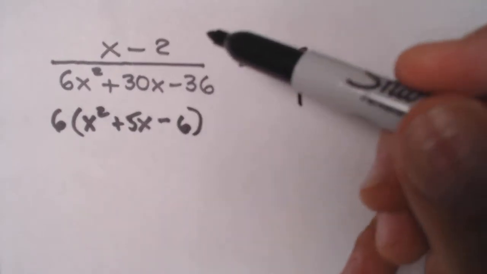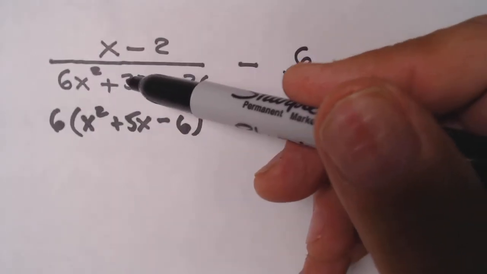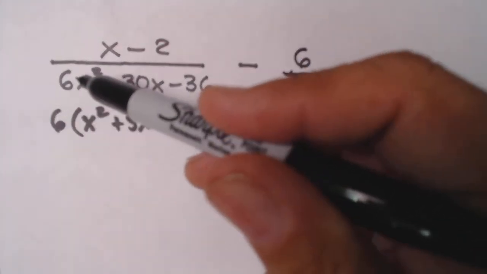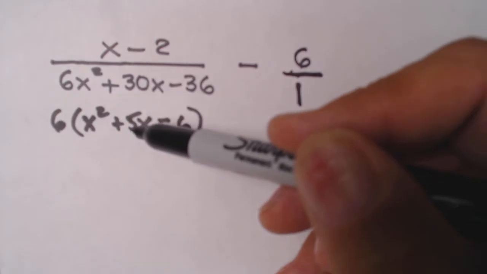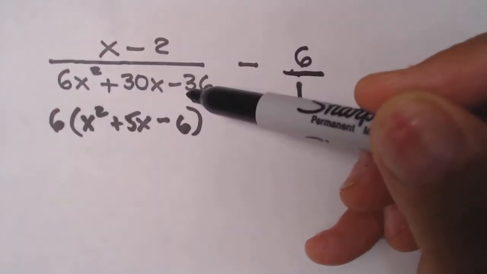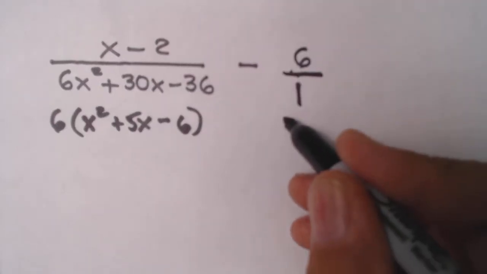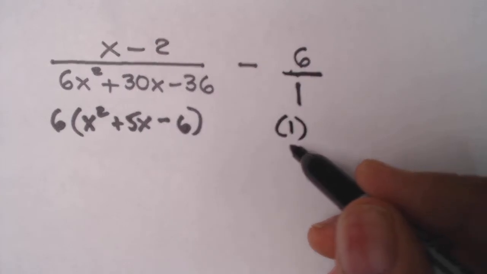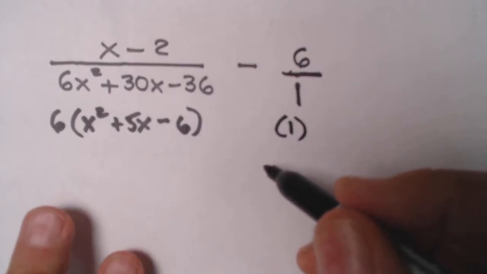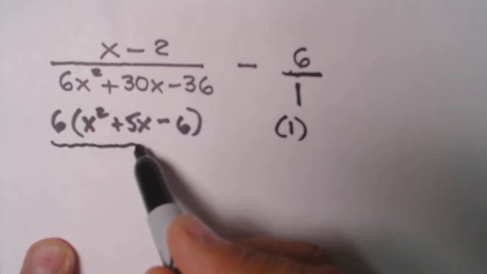Okay, so let's see, what do we got here? Double check this, 6 times x squared, 6x squared, 6 times plus 5x plus 30x, 6 times negative 6, negative 36. And of course, this guy is just a 1 over here. Okay, so the LCD, simply enough, is just this guy right here.